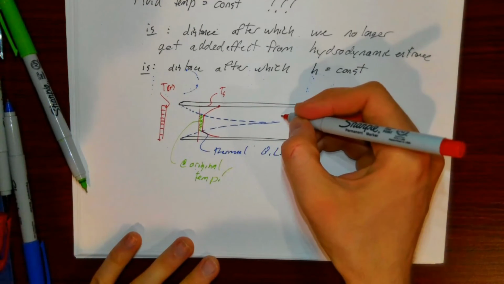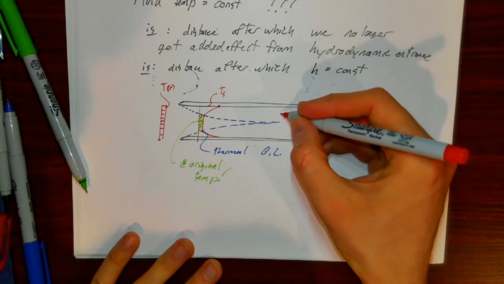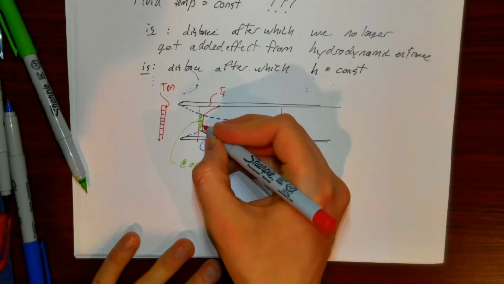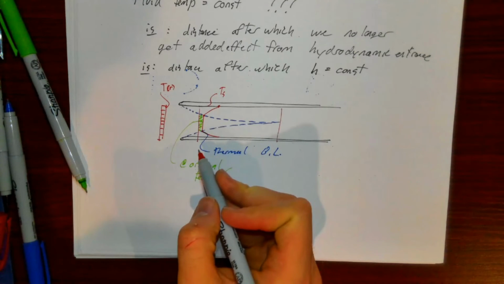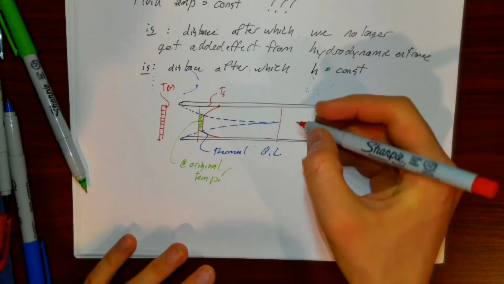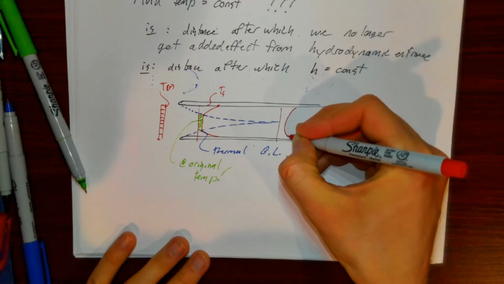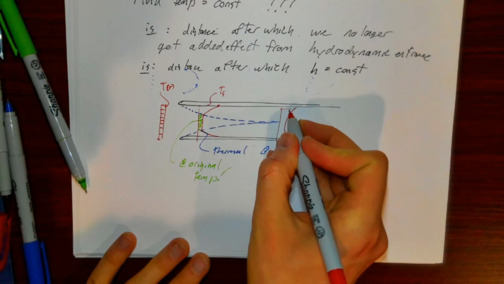And then downstream, from here, within this region that's not affected by the thermal boundary layer, you get your original temp. Here, you haven't fully reached your surface temperature with everything.